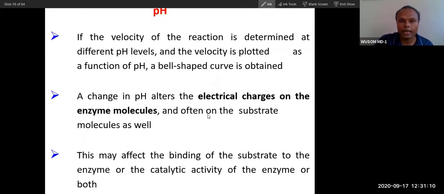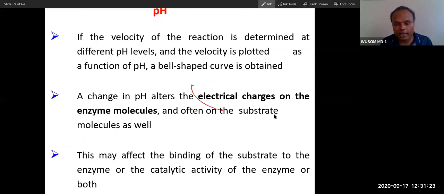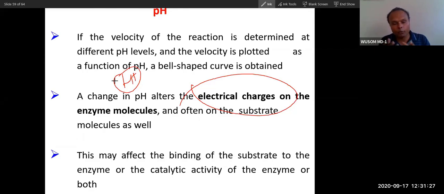And the same you can see for pH. This is the optimum pH. Below and above that also there will be problems. Why? Because pH changes the protein structure and the electrical charges on protein, because pH is proton concentration, and that is why the electrical charges of protein will be altered.